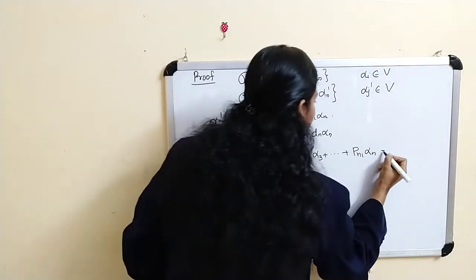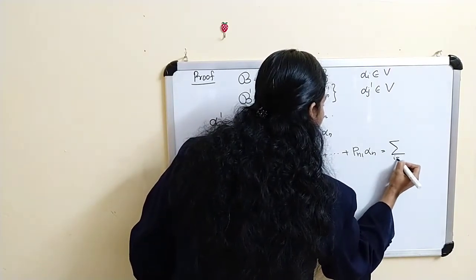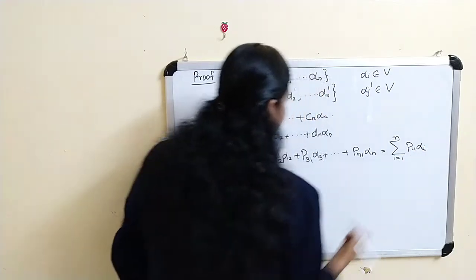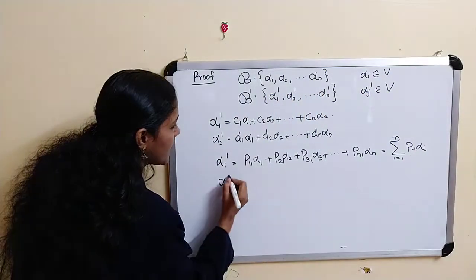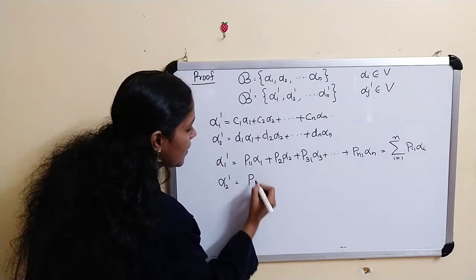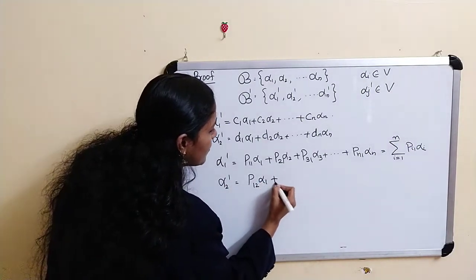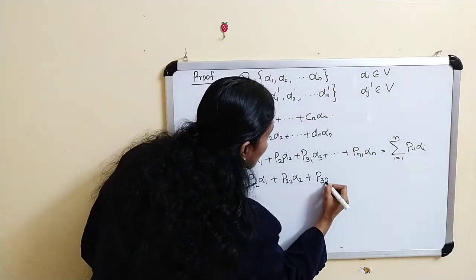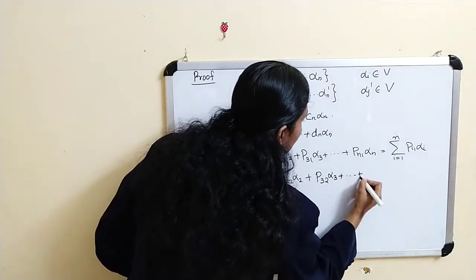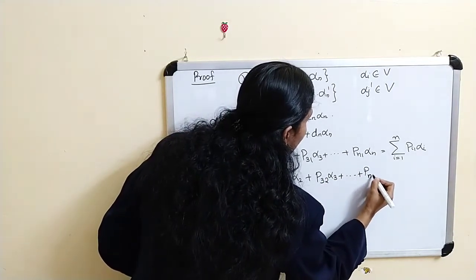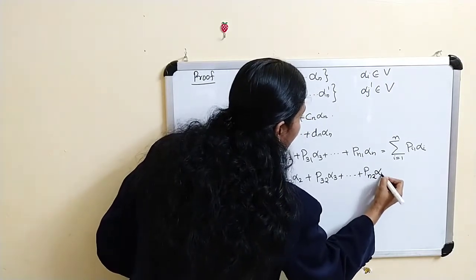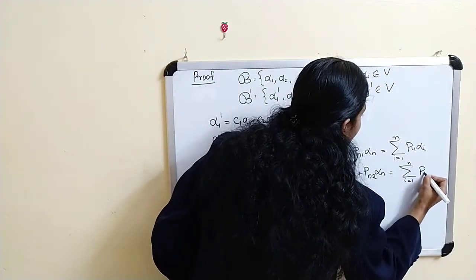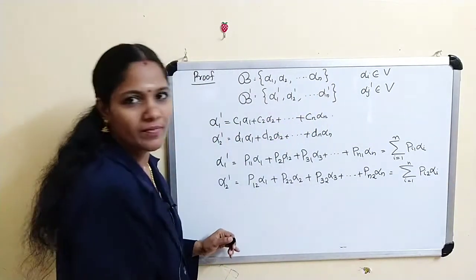Or you can write this as sigma i varies from 1 to n Pi1 alpha i. And alpha 2 dash you can write as P12 alpha 1 plus P22 alpha 2 plus P32 alpha 3 plus etc. plus Pn2 alpha n, and this is equal to sigma i varies from 1 to n Pi2 alpha i, like this.